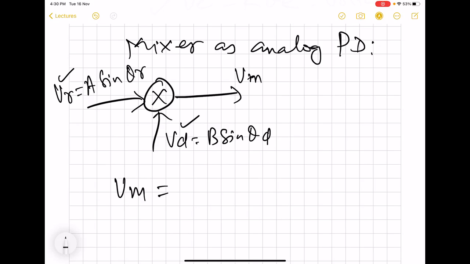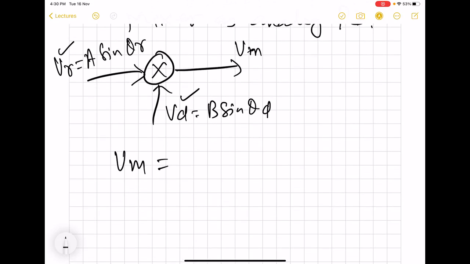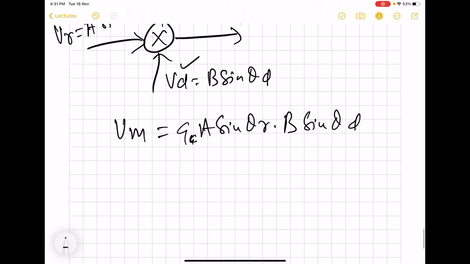It will produce some other components also. So of course some filtering will be required, but if we do the filtering, this will actually be equal to A sine theta R into B sine theta D, and of course there could be some additional factor or conversion gain of the mixer.